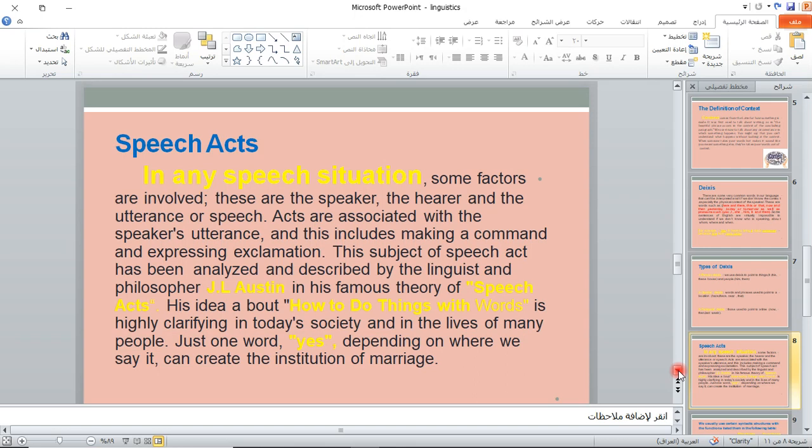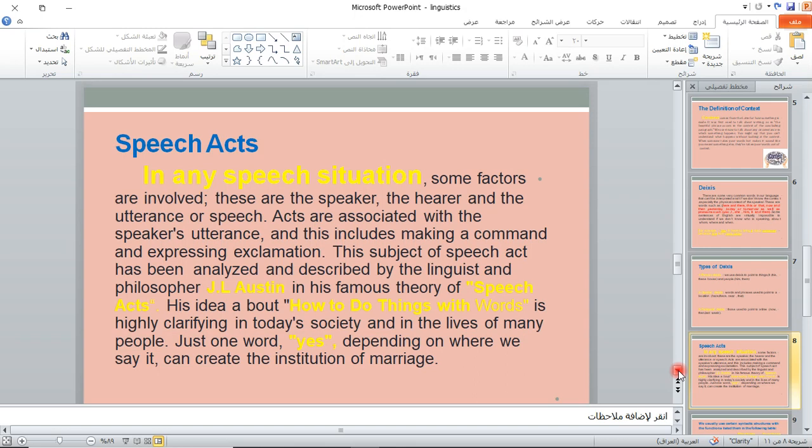Speech act theory is another modern topic in pragmatics. In any speech situation, some factors are involved. These are the speaker المتكلم, the hearer السامع, and the utterance or speech العبارة أو الكلام. Acts are associated with the speaker's utterances, and they include making a command, الأمر, and expressing exclamation, التعجب.